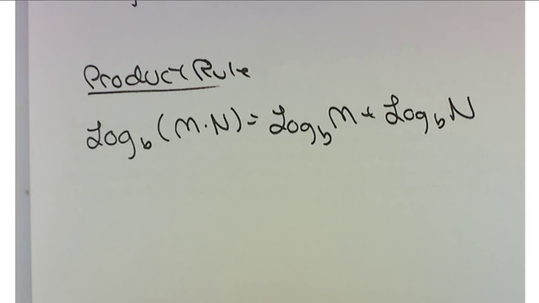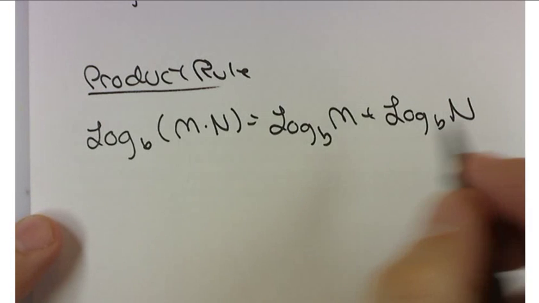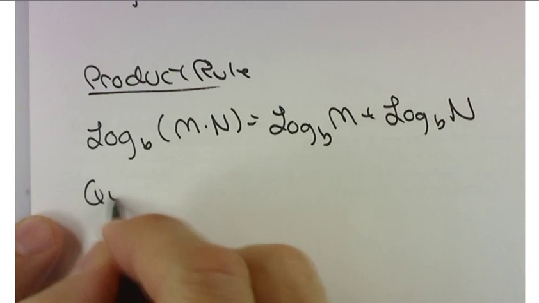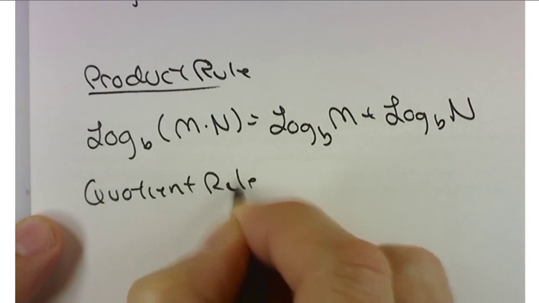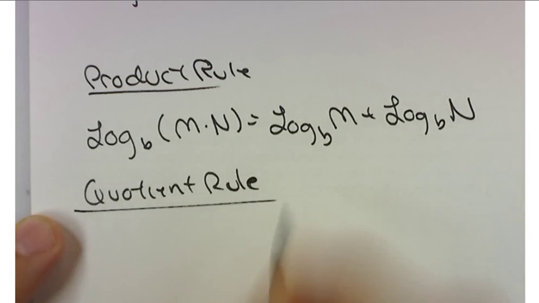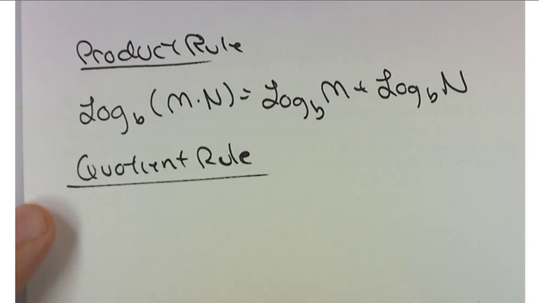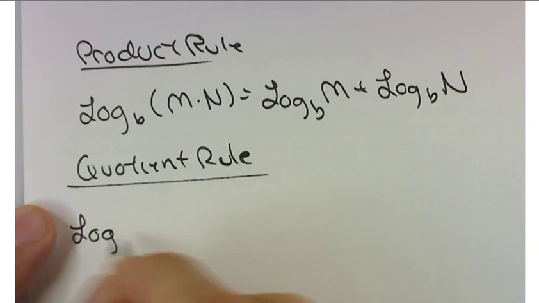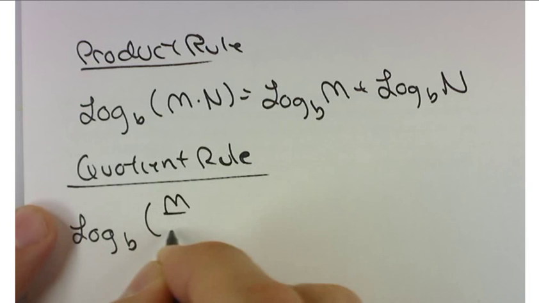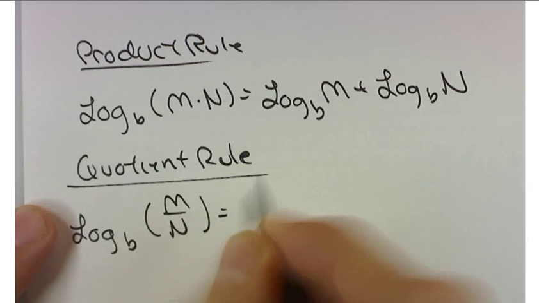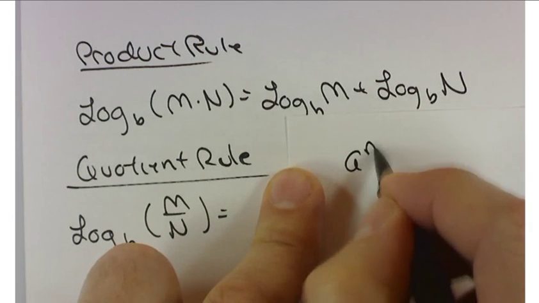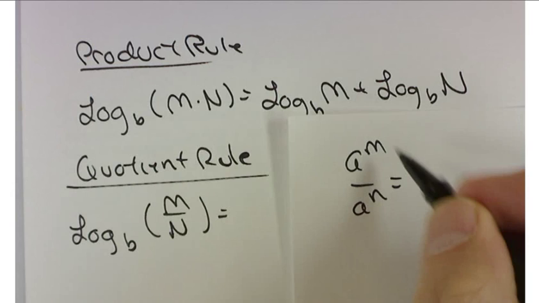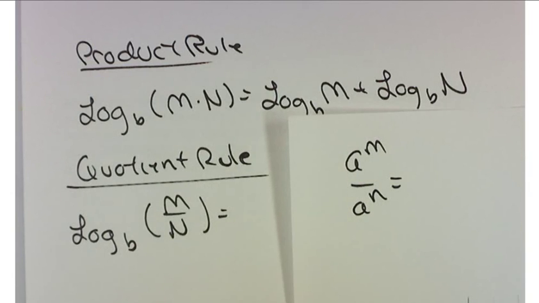In a similar way, there's a quotient rule. And this one gets twisted around a lot. But let's think about what happens when you divide 2 things with the same base. If we have a to the m divided by a to the n, what happens with their exponents?